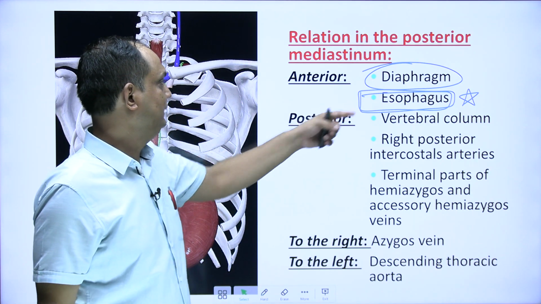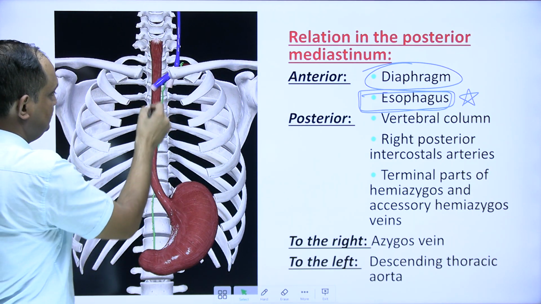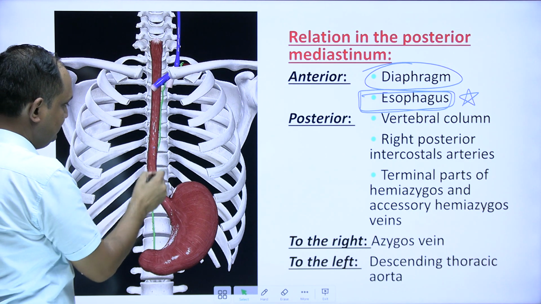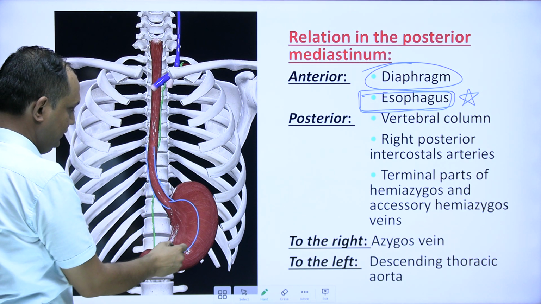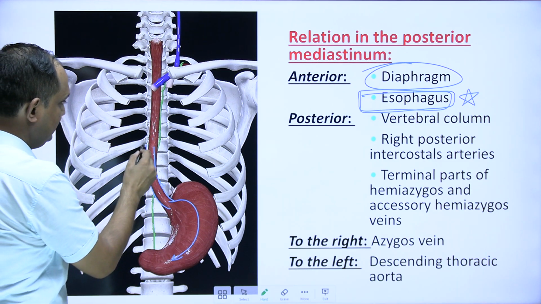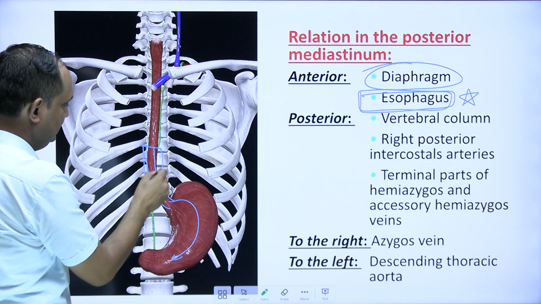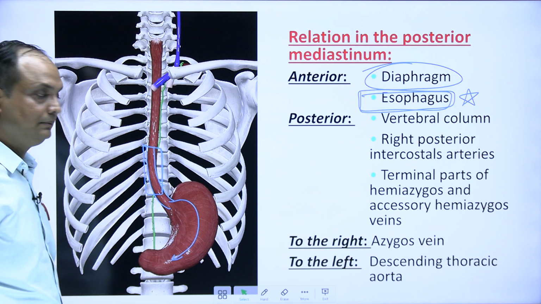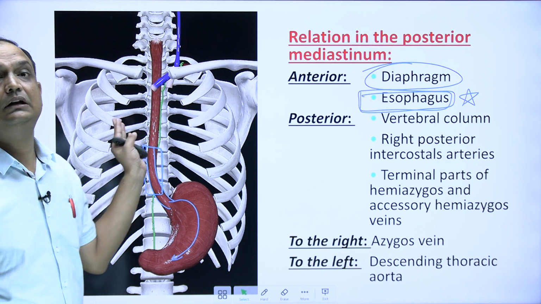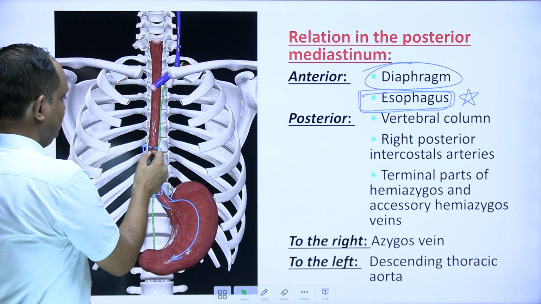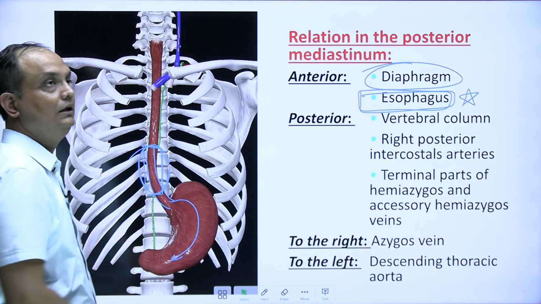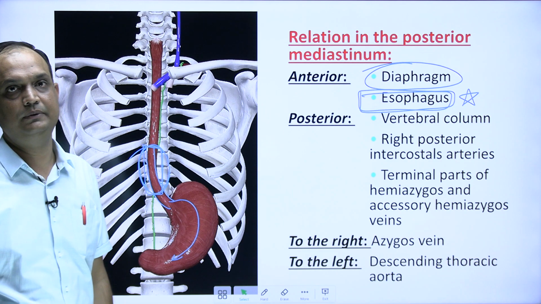So, this is the esophagus. In this portion you can see that the esophagus is going to continue with the stomach, but in this area you are not able to see the green color thoracic duct, because the thoracic duct lies behind the esophagus. But this relation is more prominent in the lower part of your posterior mediastinum.